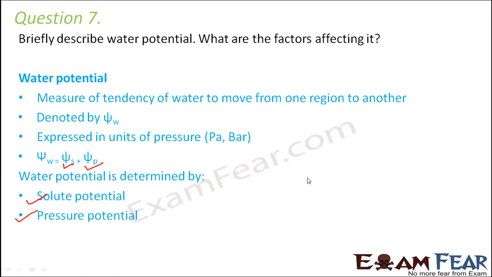Now at atmospheric pressure, the pressure potential is 0, and that is why water potential is equal to solute potential. But when the pressure is increased beyond atmospheric pressure, the pressure potential increases. So psi p comes into the picture then.